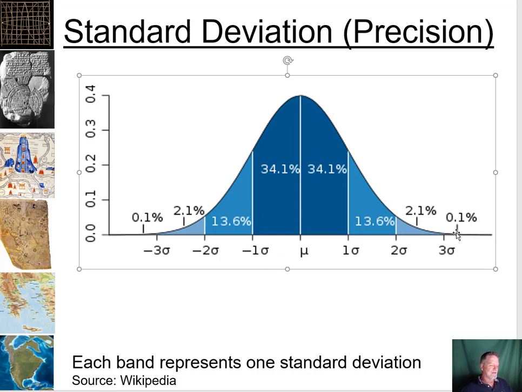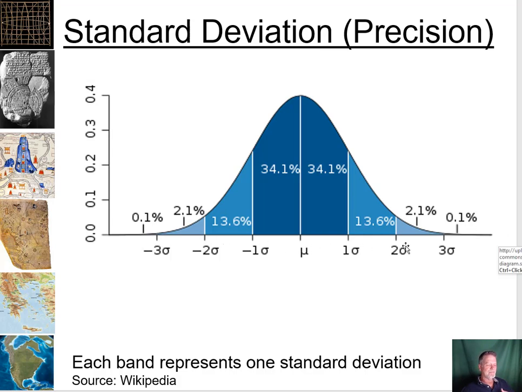Another question I like to ask is how far does it go out on either side? It actually goes out to infinity. This is one of the reasons min-max doesn't really work, because if you have data that is distributed with standard deviation or most other distributions we use, you could get a point way out here, way off to the side. It's very unlikely, but it could still happen. And a min-max doesn't represent that well.